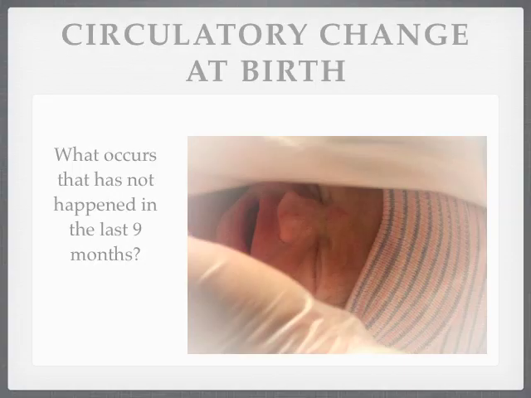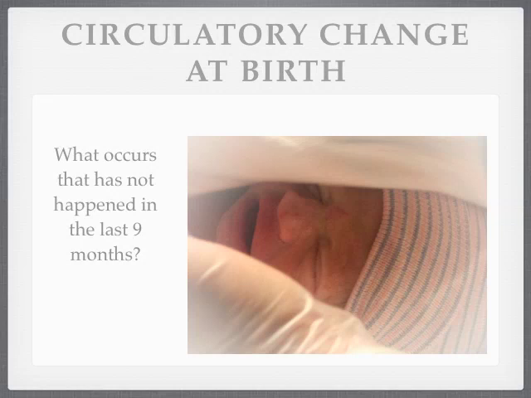All of the major changes that happen in birth, though, are going to come about because something happens that has never happened before, and it's going to change the dynamics of circulation. So this child has been living in its mother's womb for 9 months. What is it that takes place at the moment of birth that has not happened in the last 9 months?